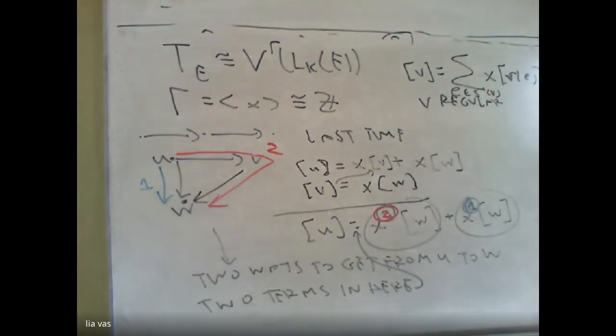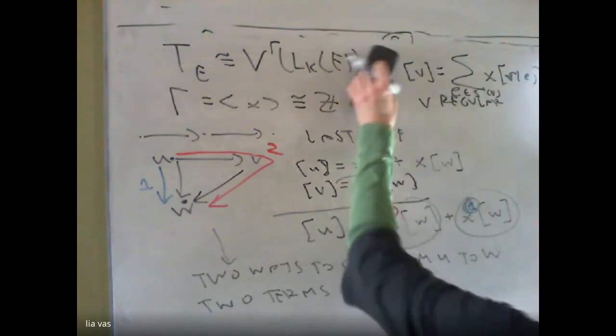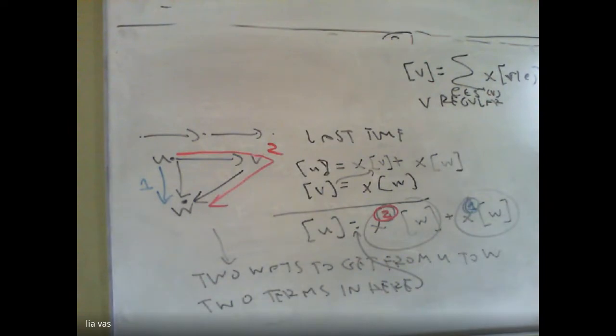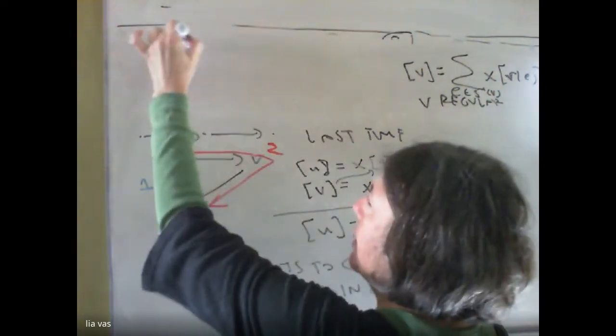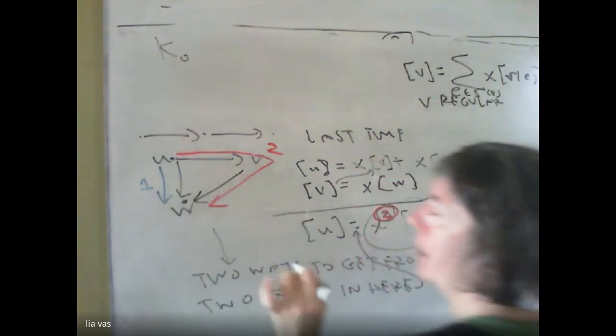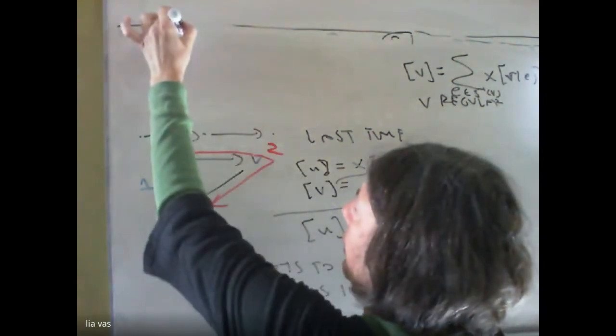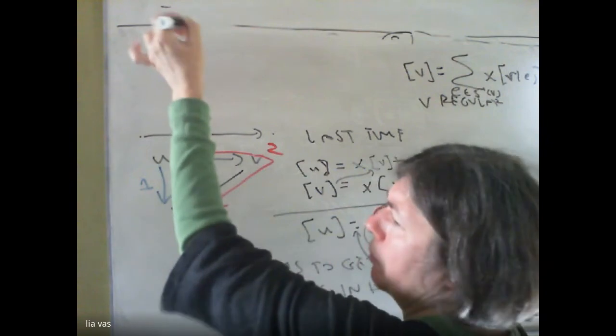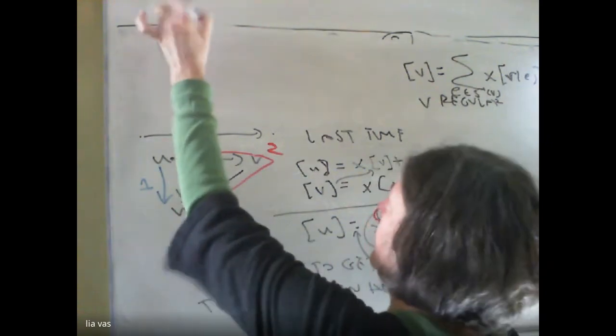Let's do more examples before we go any further with the conjecture. So my next 3 examples are going to match the 3 examples that we did with the good old K0, right? So if you remember, that was, I guess, Wednesday or maybe Tuesday class, doesn't matter.